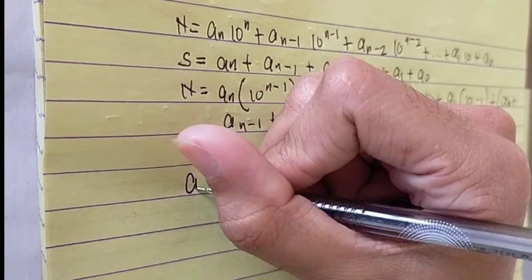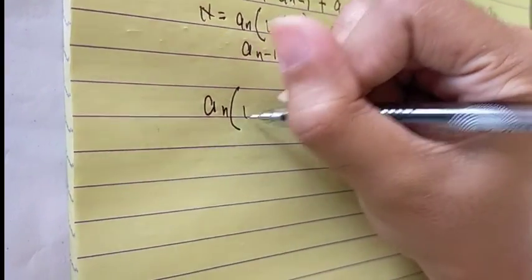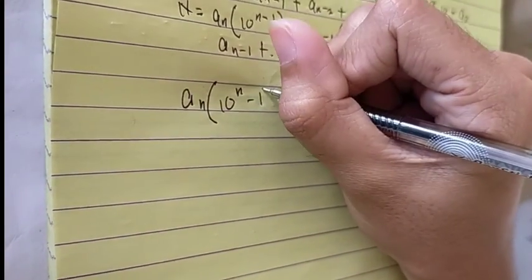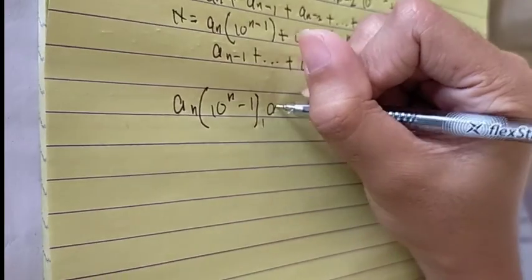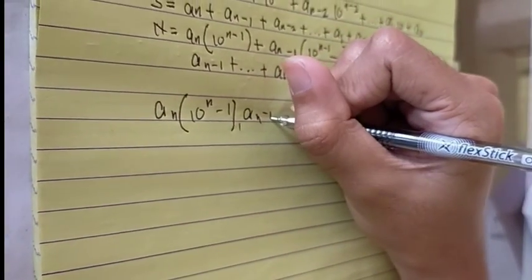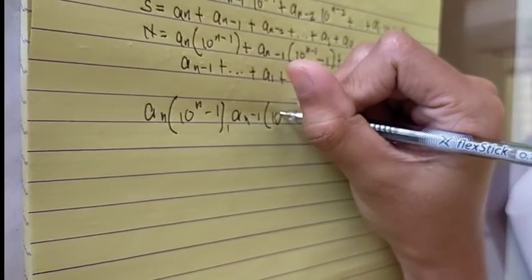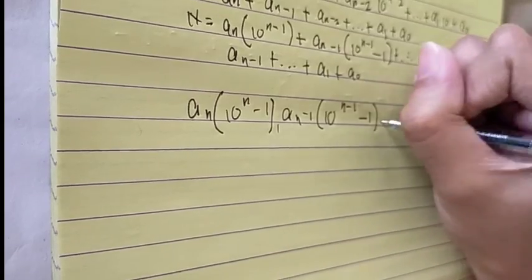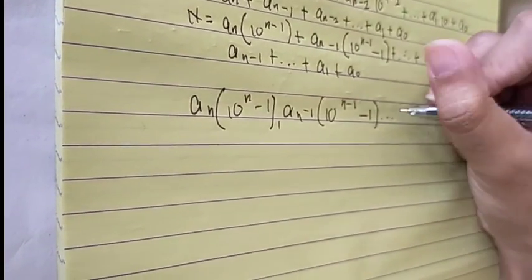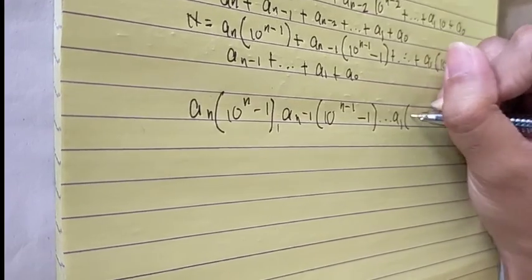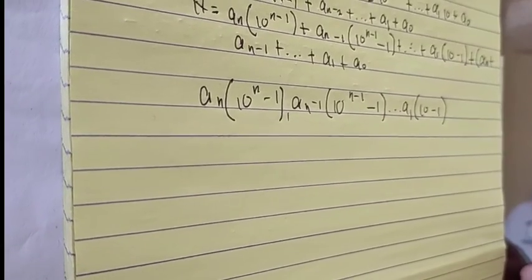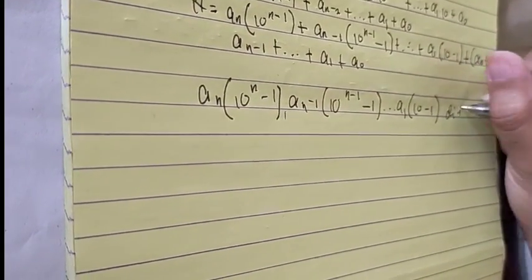Each of the terms a sub n times the quantity 10 raised to n minus 1, a sub n minus 1 times the quantity 10 raised to n minus 1 minus 1, up to a sub 1 times the quantity 10 minus 1, is divisible by 3.